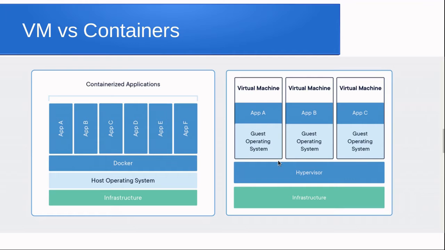For example, if you can relate, AWS EC2 instances are basically virtual machines, right? So it has an operating system on it, and then you deploy some applications, and then you run those virtual machines, right? And if you need to deploy multiple applications, you will launch multiple virtual machines.